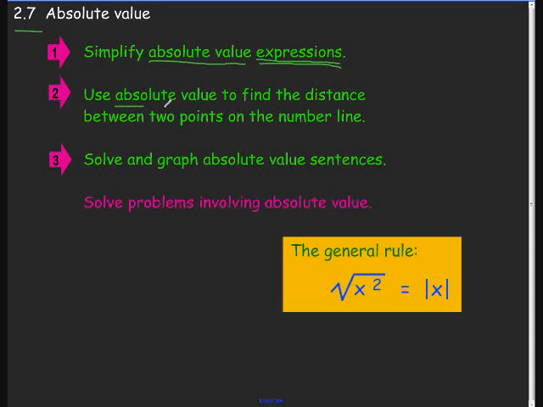Absolute value will give us an undirected distance without any regard to which way that distance is going. And then we'll solve and graph absolute value sentences. When we get to a sentence, we're starting to talk about equations.